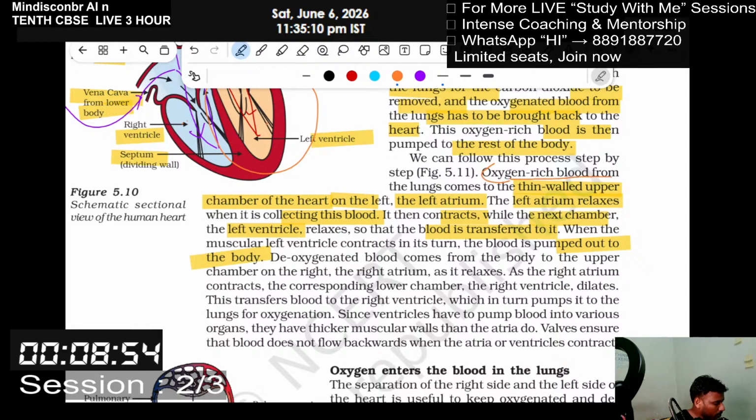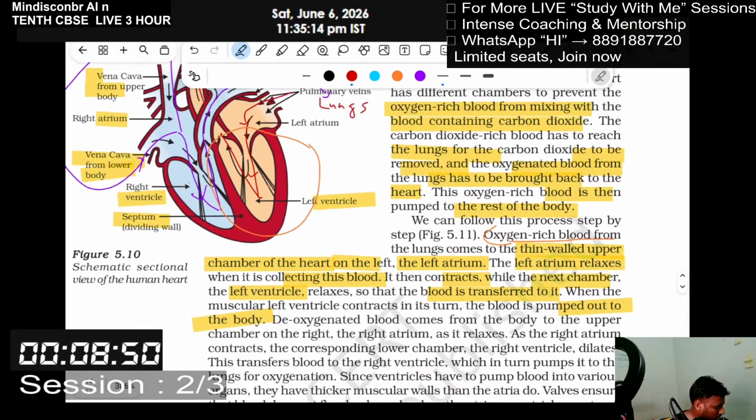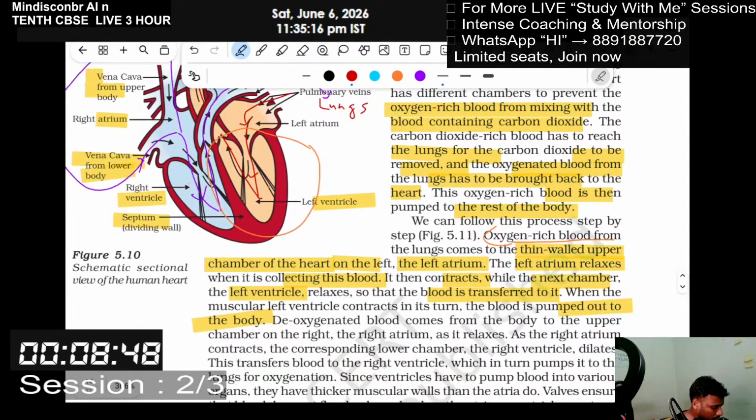The oxygen rich blood from the lungs comes to the thin walled upper chamber of the heart, the left atrium. The left atrium relaxes when it is collecting this blood. It then contracts while the next chamber, the left ventricle, relaxes so that blood is transferred to it.